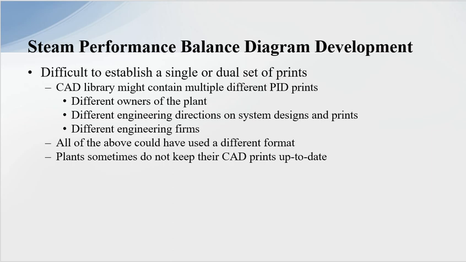Different owners of the plant have different print diagrams, different engineering firms come in and give us different directions on their system design and prints. All of it is saved in different formats. Plants do not keep the CAD prints up to date, which also causes a lot of issues. So it's gathering all this information, which can sometimes be challenging, to put all this system together.